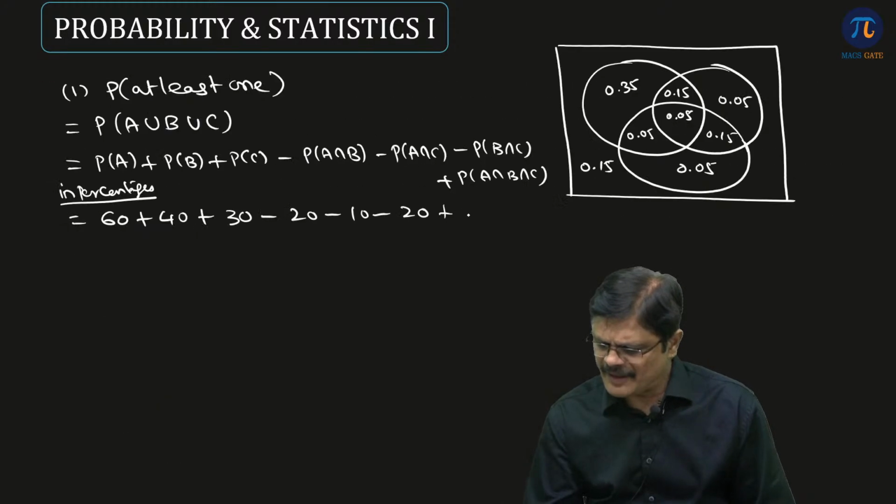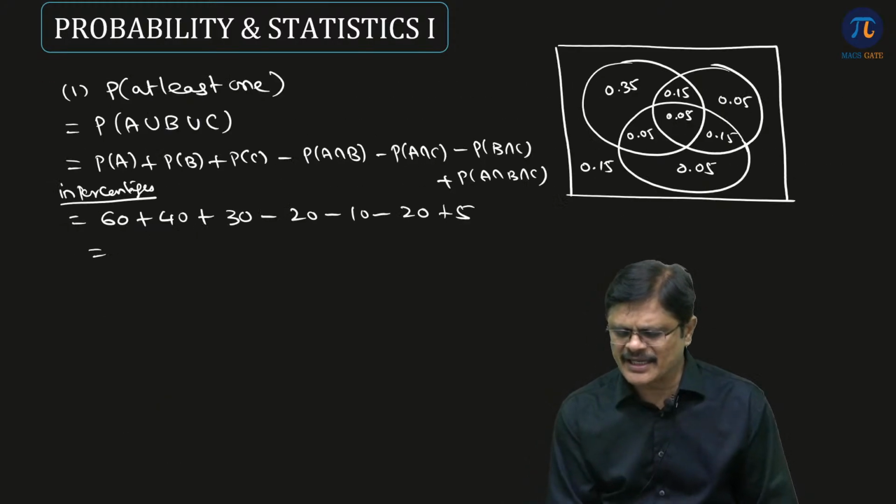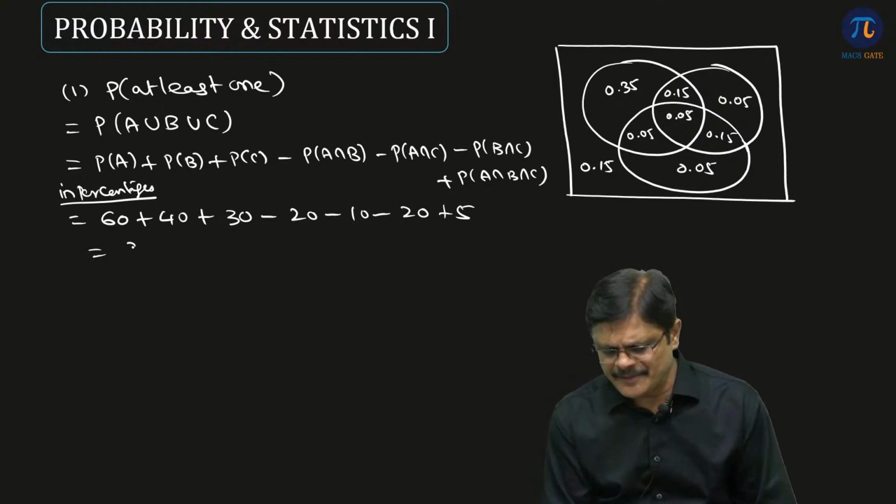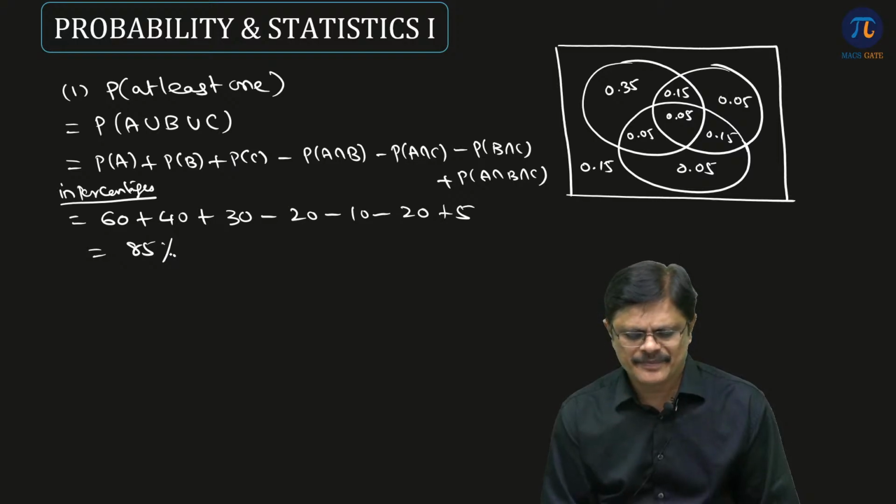All the three 5%. So if you simplify, this is 100, 130, 130, this 30 gone, 100, 80, 85. So this is 85%. Am I clear?